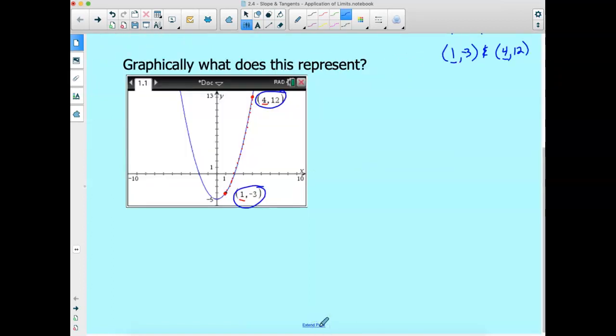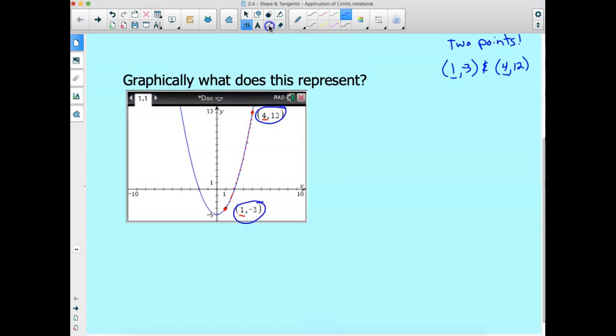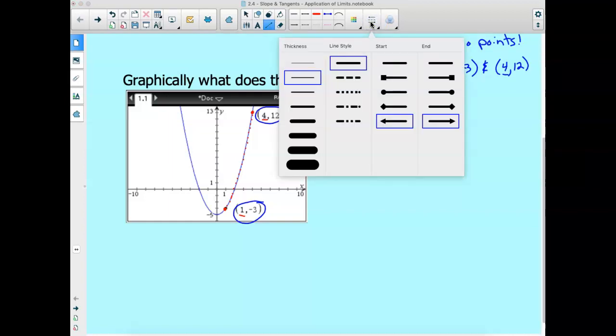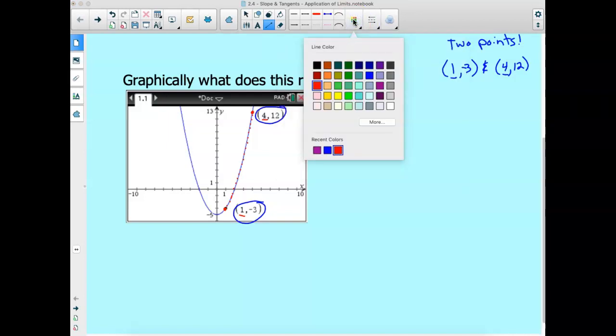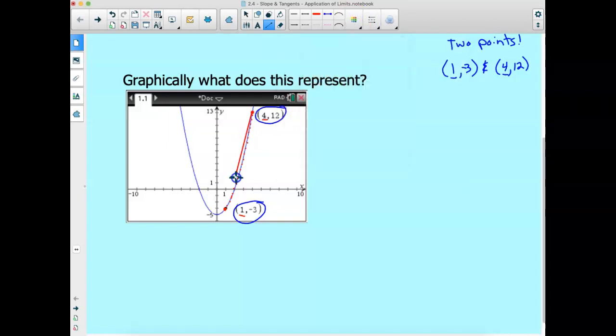If I look at these 2 points, the slope between those 2 points is also that line right there, okay?